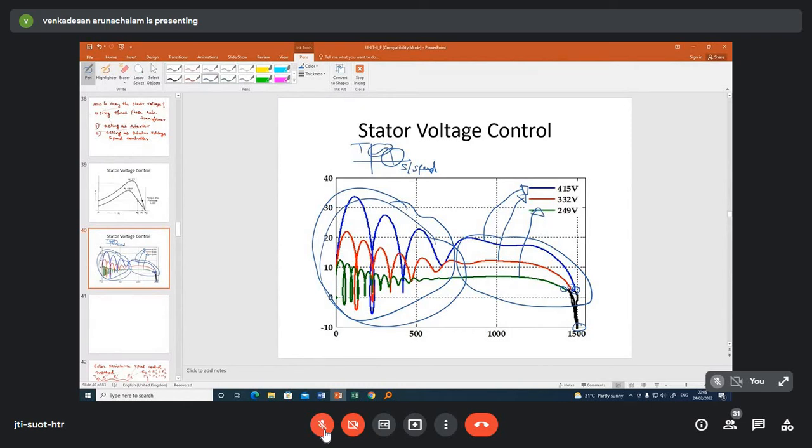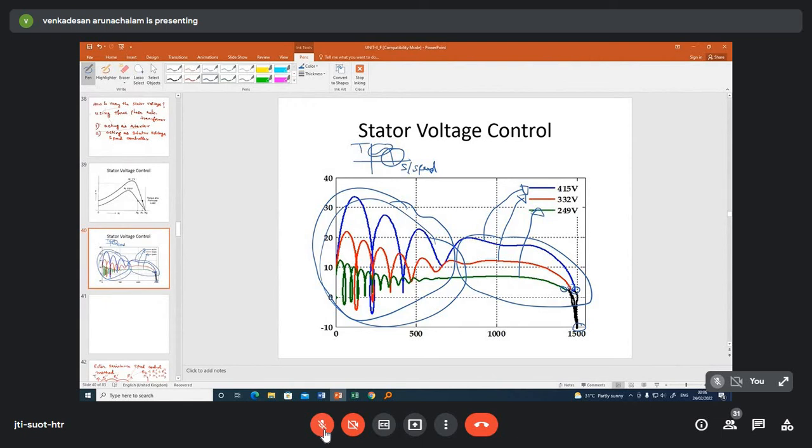When you simulate any system, not only an induction motor, for some period of time you will have a transient.